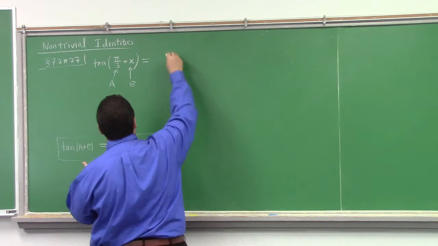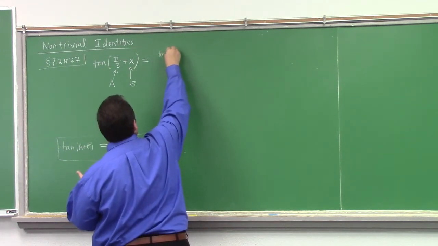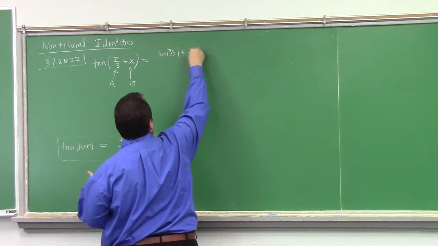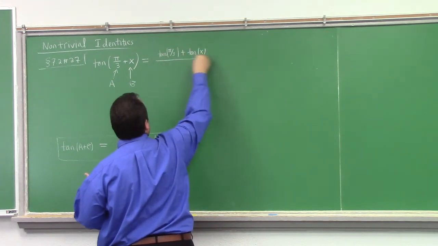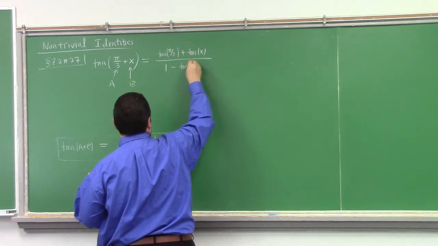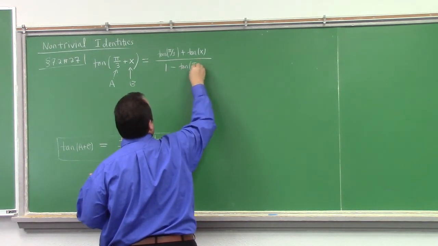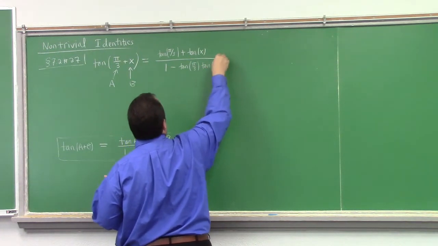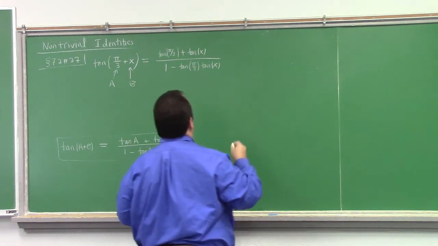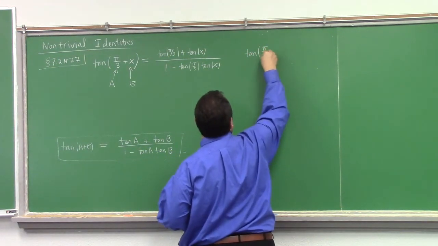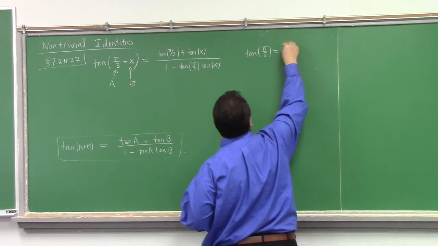So we've got tangent pi over 3 plus tangent x divided by 1 minus the tangent of pi over 3 tangent of x, right? So let's see here. I'm going to be lazy and just work out tangent pi over 3 with special angles because we can.